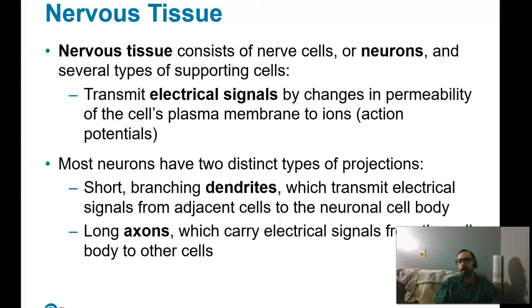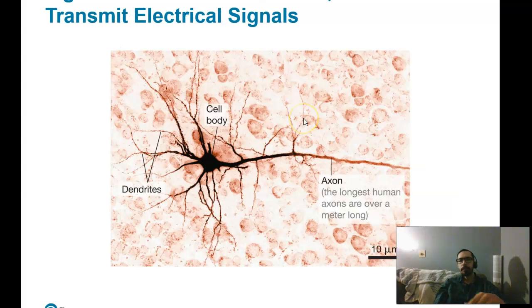They have the short dendrites, which transmit electrical signals from adjacent neurons or neuron cell bodies, and then you have the long axons, which carry the signals from the cell body to other cells. Here you can see the cell body, or the soma, the long axon, and the shorter dendrites.